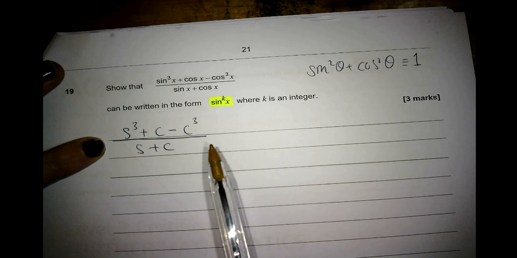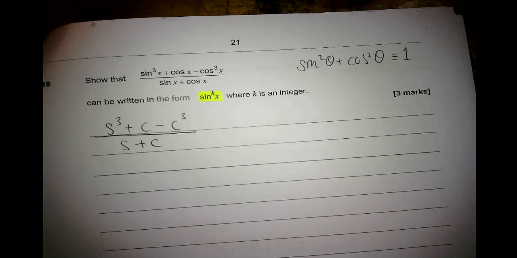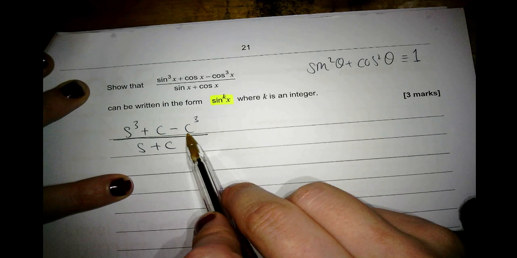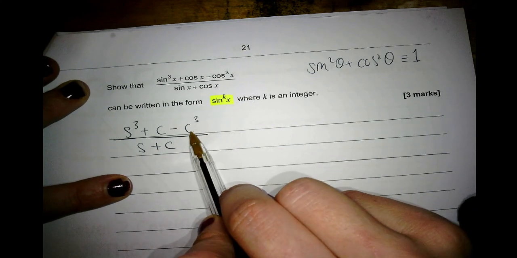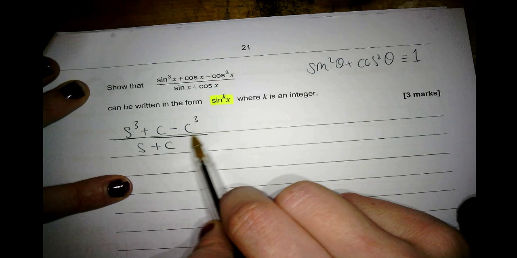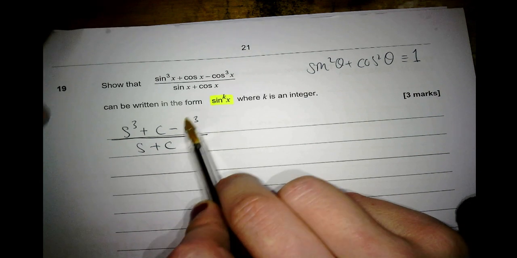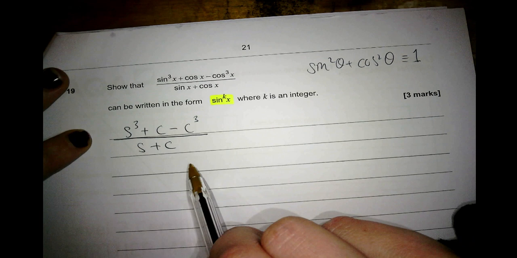And I'm going to think about writing that c cubed, because I noticed there's no cos here, it's in terms of sine. So I'm going to think about trying to work with that cos cubed and get it maybe in terms of like a sine cubed or something.